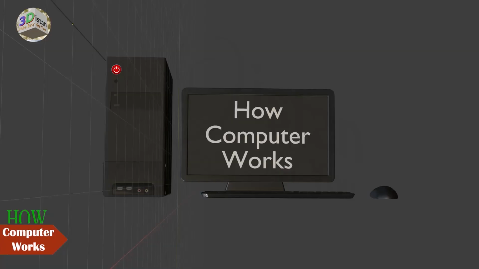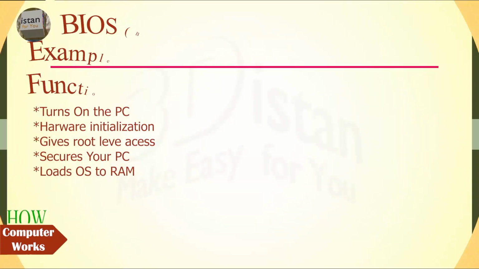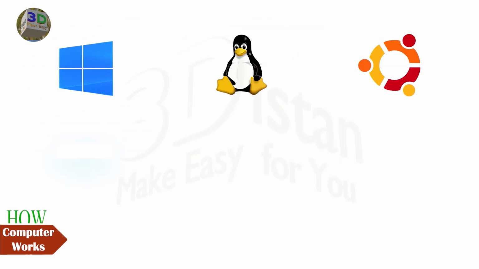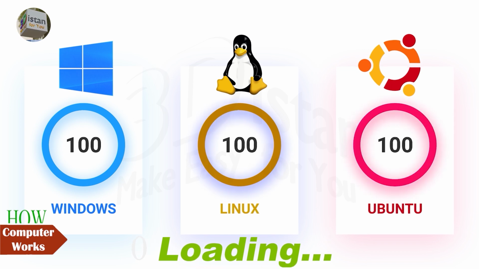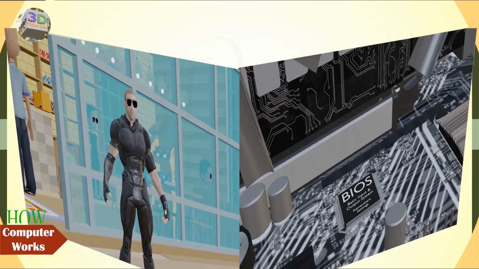The BIOS turns on the computer when the power button is pressed, initializes the hardware, and then loads the operating system from storage into the RAM. After this, it hands over control to the CPU, Central Processing Unit, while the BIOS itself goes into the background.